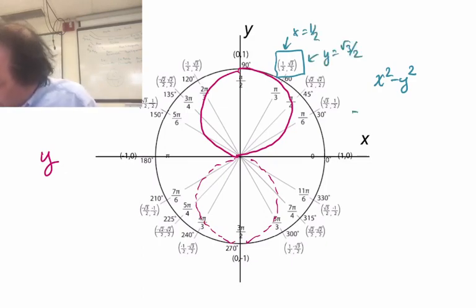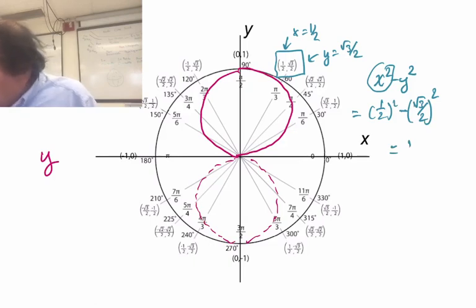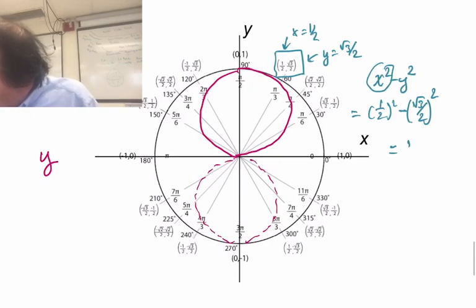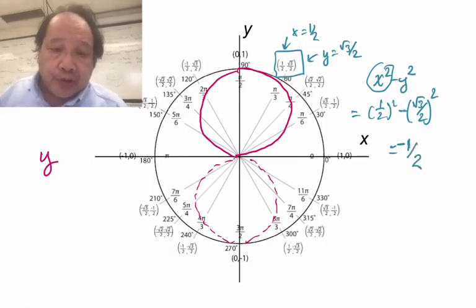So if you plug that in, it's (1/2) squared for x squared minus (root 3 over 2) squared, that's the y value squared. And when you work that out, you get 1/4 minus 3/4, which is, if we use our mental math, minus 1/2. And we'll practice this more in class.